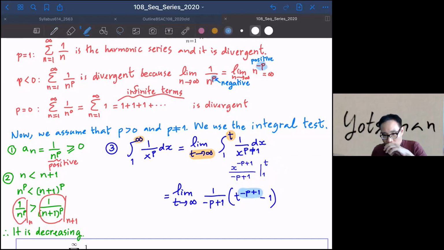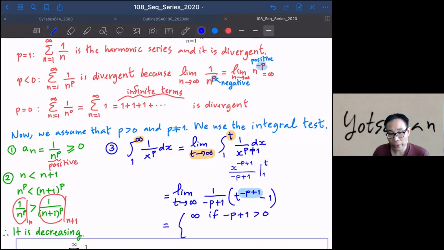If negative p plus 1 is positive, it turns out to be infinity, so I conclude the integral is infinity if negative p plus 1 is positive. If negative p plus 1 is negative, it cannot be 0 because p is not equal to 1, so you have only 2 cases.